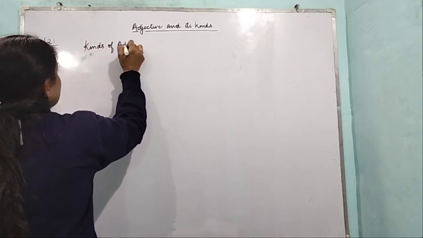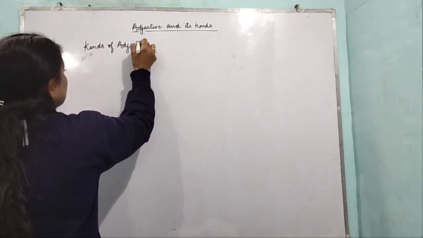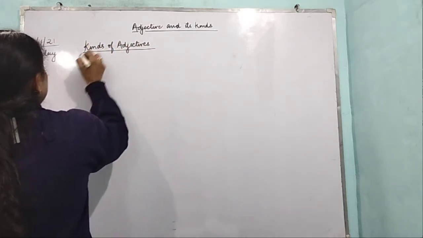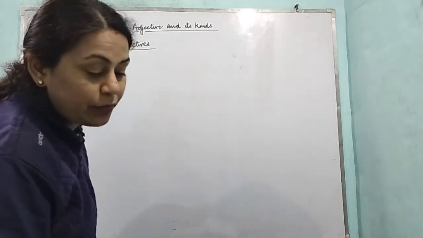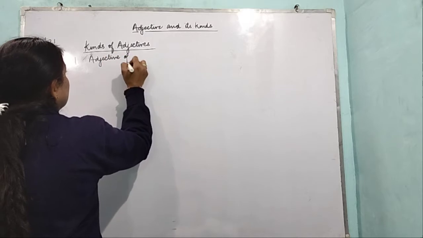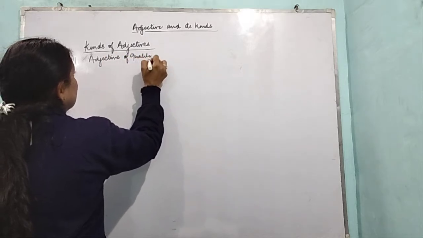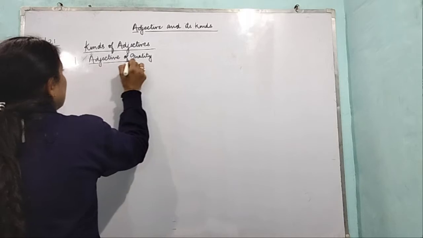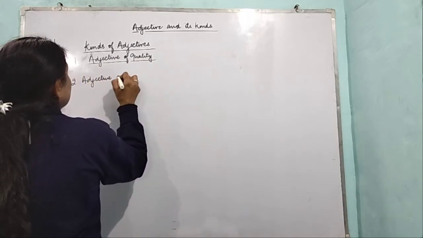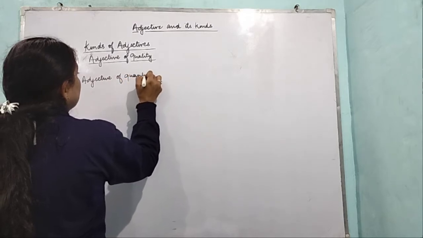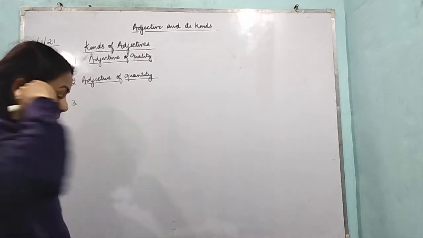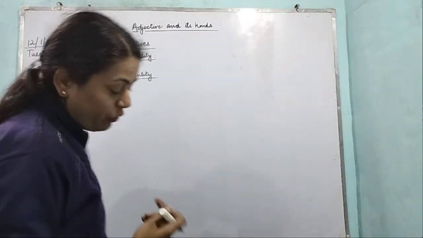Kinds of adjectives. First one is adjective of quality. Then adjective of quantity. Then adjective of number.